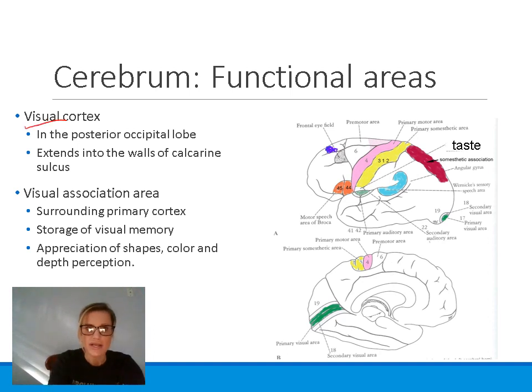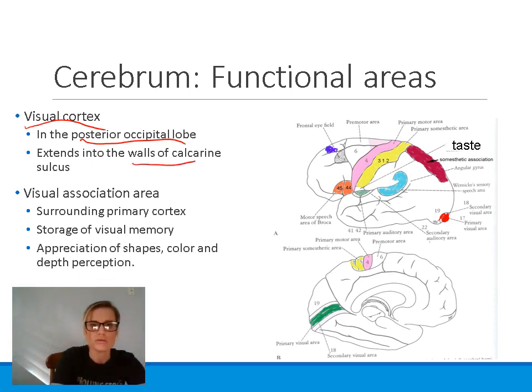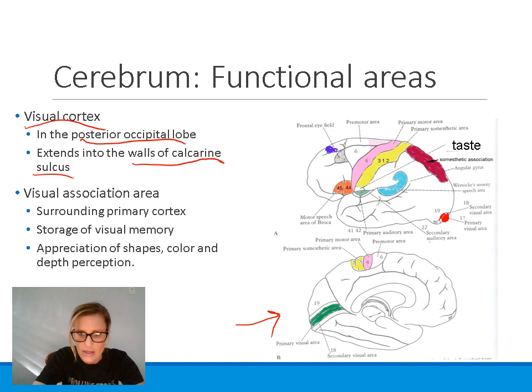The visual cortex, or primary visual area, is in the very, very back of the occipital lobe, so in the posterior occipital lobe, and it extends medially in the walls of the calcarine sulcus. So if you look at this bottom picture right here, you can see in green, this is the primary visual cortex.